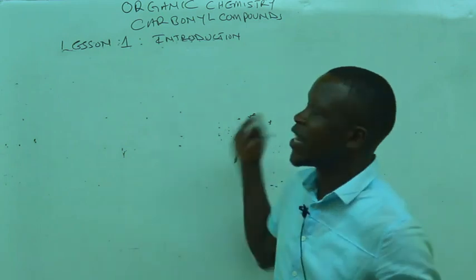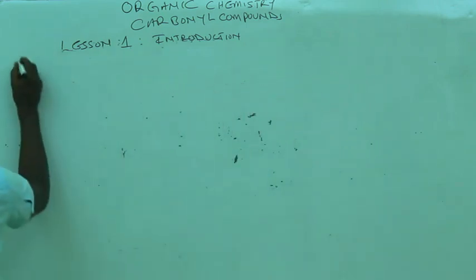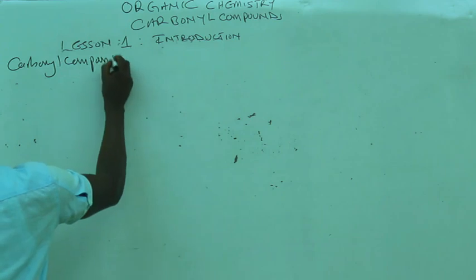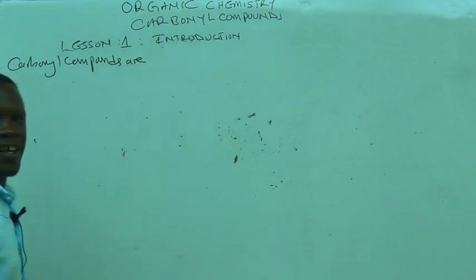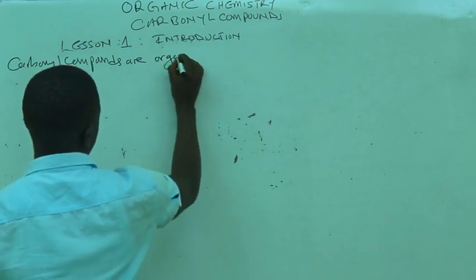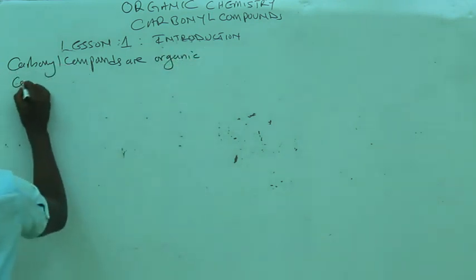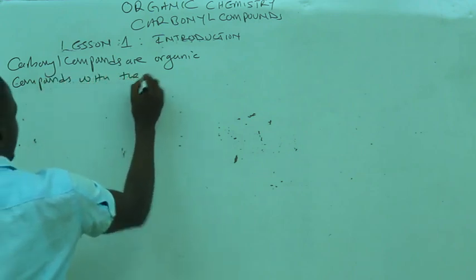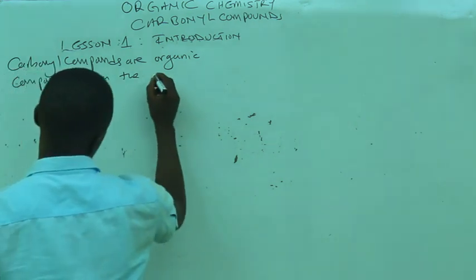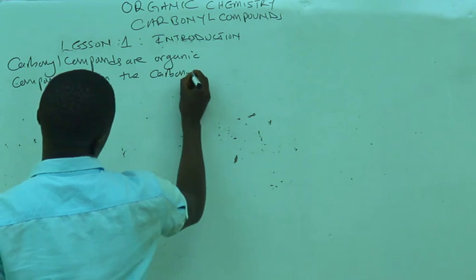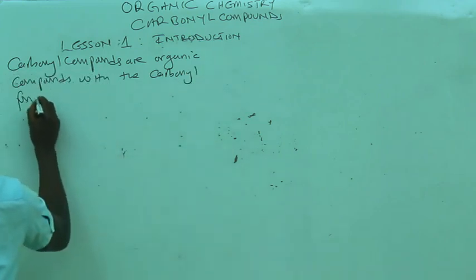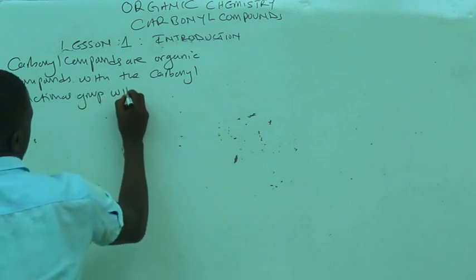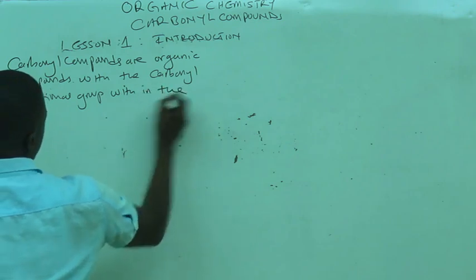In our introduction, what are carbonyl compounds? Carbonyl compounds are organic compounds with the carbonyl functional group within the carbon chain.